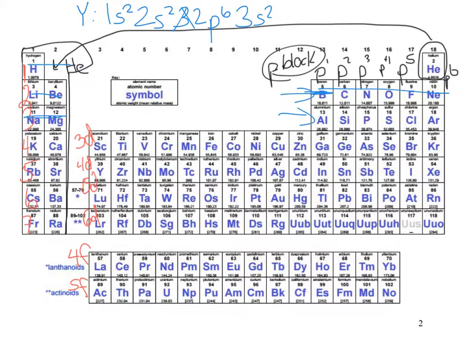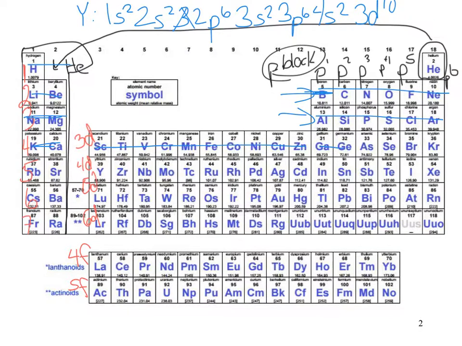Then I'm over here at aluminum. I need to go through those guys, so that's the 3P6. Then I'm in the 4th row, S block, 2. I need to get all the way through the 3D, all 10 of them.